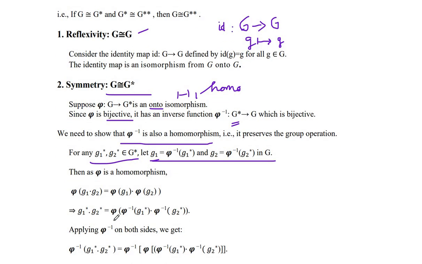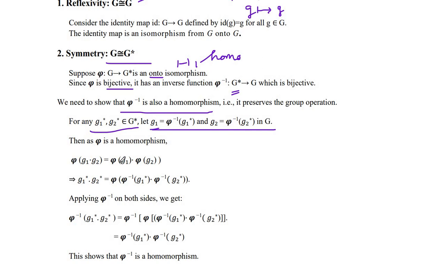Now, if we consider this phi of g1, phi of g1 is nothing but g1 star, and similarly phi of g2 is g2 star. So first we shall consider this one. That is, we have phi of g1 into phi of g2 giving us g1 star g2 star. And this g1 is nothing but phi inverse of g1 star, and this g2 is nothing but phi inverse of g2 star.